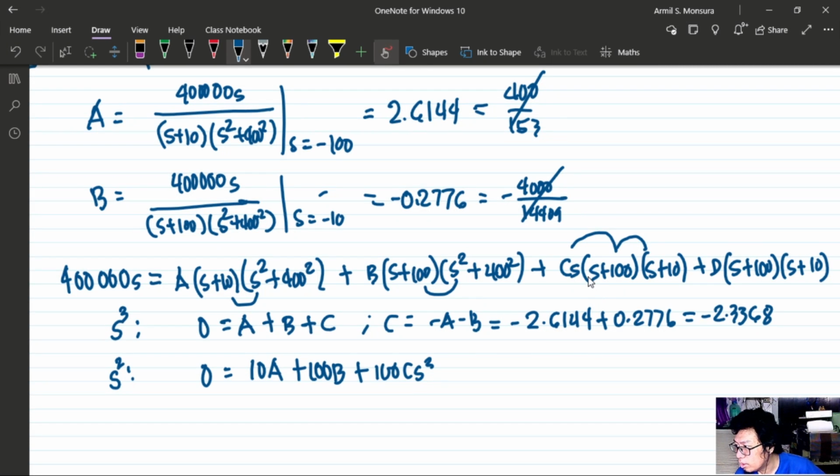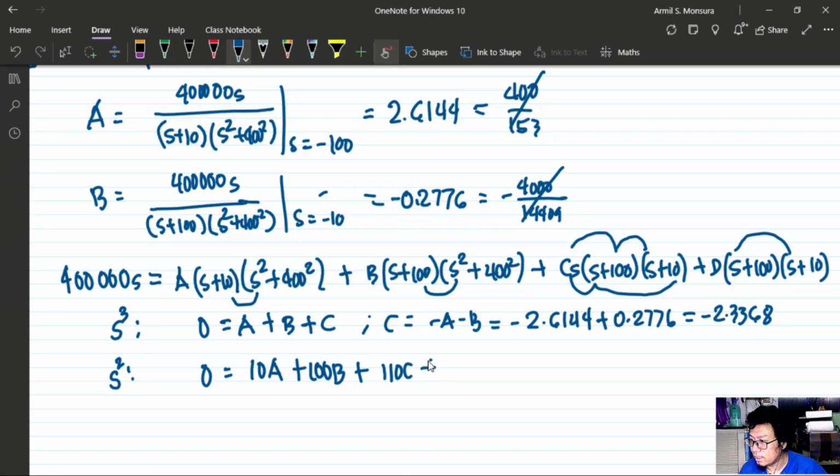And then also this product, this and this, produces also s squared, and that is 10. So let's just make this 110. That's 100 plus 10, so that makes it 110. So let's just make this 110 cs squared. Let's remove s squared, because we're just taking coefficients here. S squared is produced when you multiply this and this.